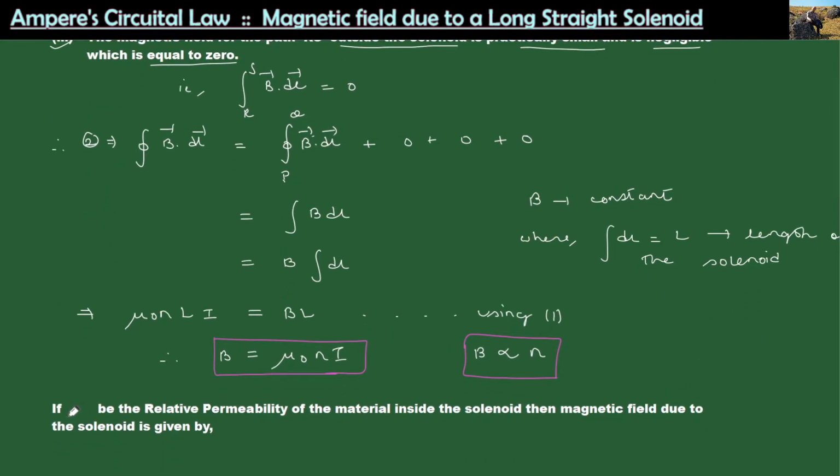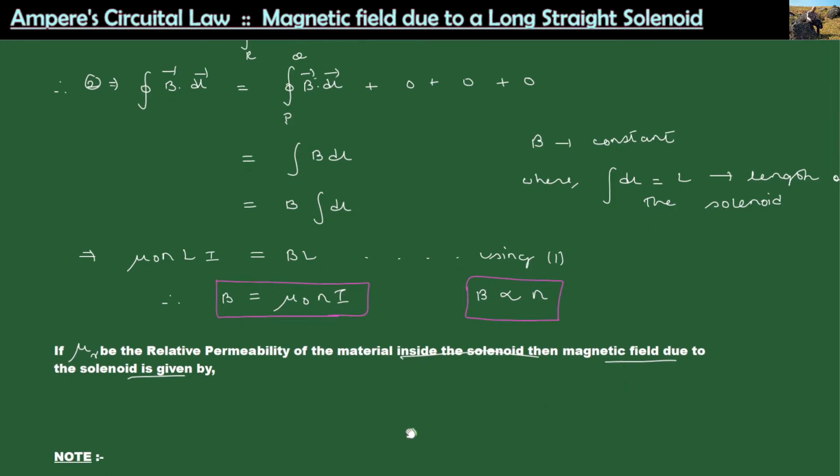So over here, if mu r is the relative permeability of the material inside the solenoid, then the magnetic field due to the solenoid is given by this expression.